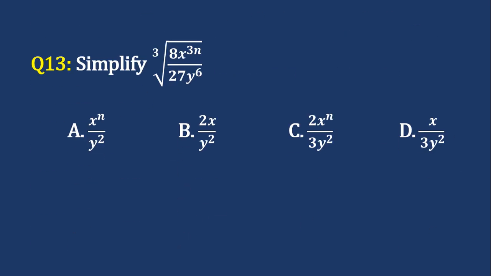Okay, question number 13. Simplify the cube root of 8x raised to 3n divided by 27y raised to 6. Let's apply a particular property of radicals.